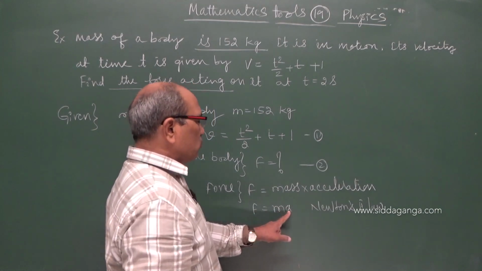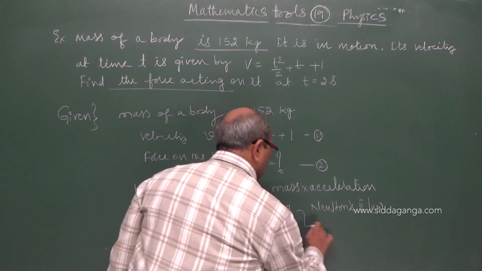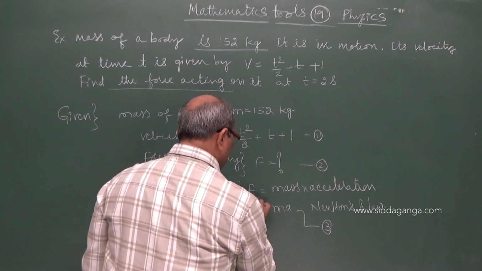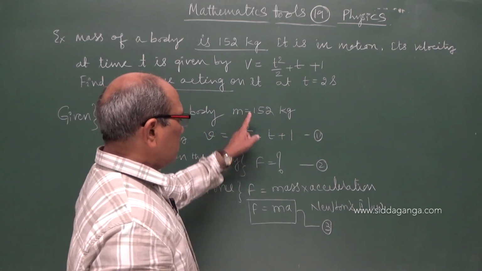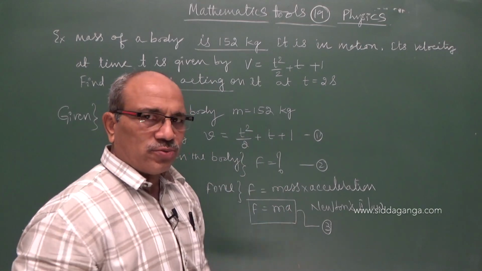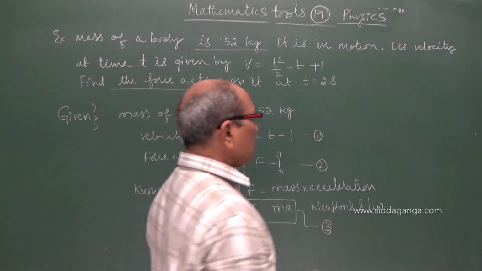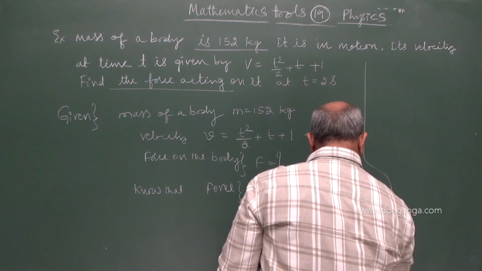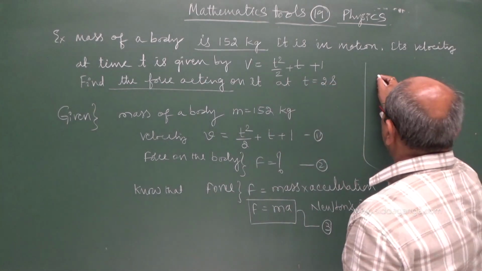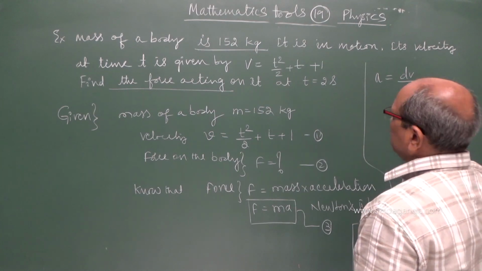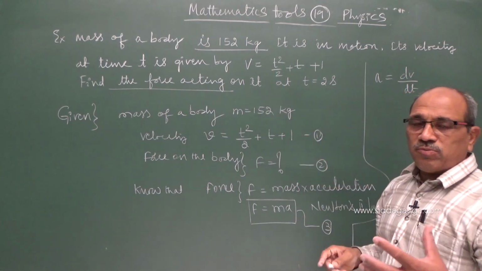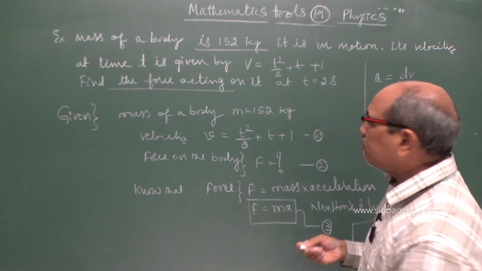But our aim is to find A. Let this be equation 3. Given the mass, if I find A, our job is over. How to get the acceleration? Acceleration is equal to dv by dt, because velocity is given.